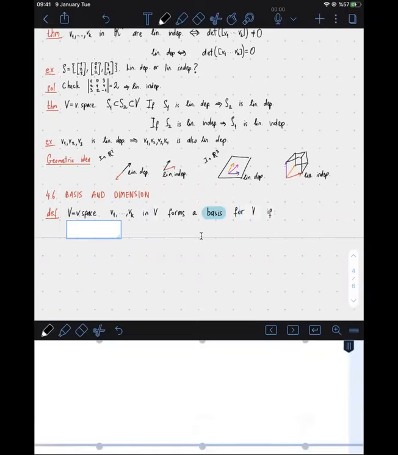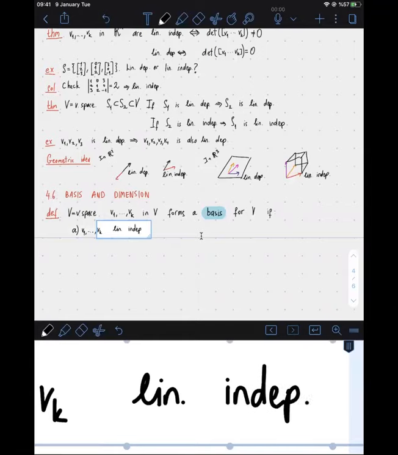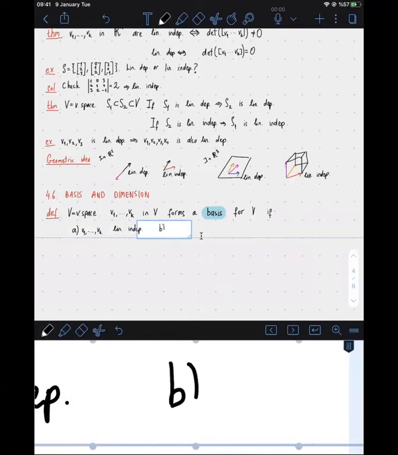The first one is the vectors should be linearly independent. This is the first part. And the second part is the vectors should span the vector space.